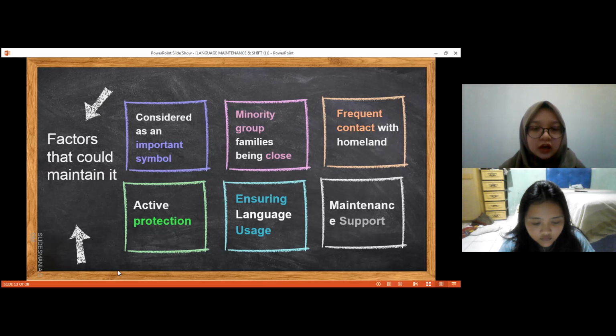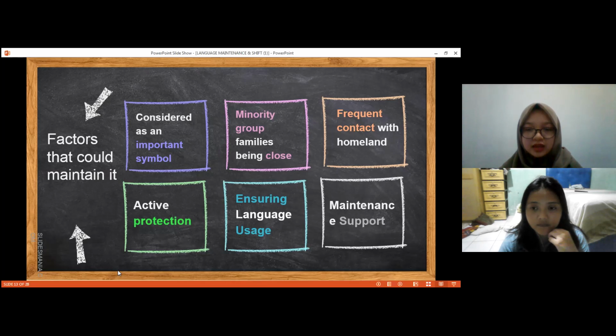Then, a group who manage to ensure their language is used in settings such as school or their place of worship will increase the chances of language maintenance. The last one is that a minority group can mobilize institutions such as education, law and administration, religion, and the media to support language maintenance.